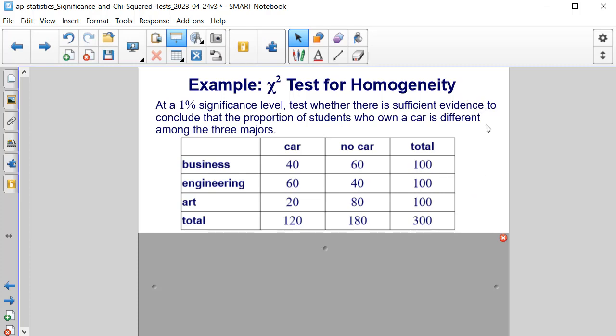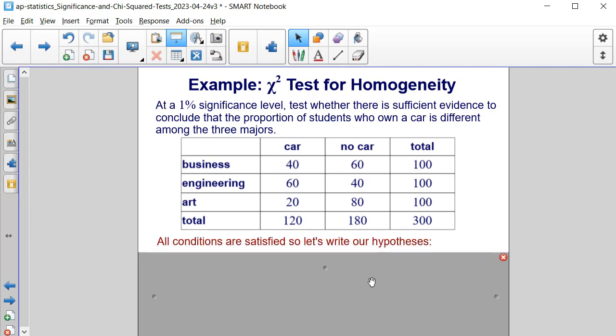And usually at a university, there are quite a few students, so 300 is definitely less than or equal to 10% of that school population. And the third condition with the law of large counts, for the chi-squared test, all expected counts are greater than or equal to 5, and that is definitely true for our data.